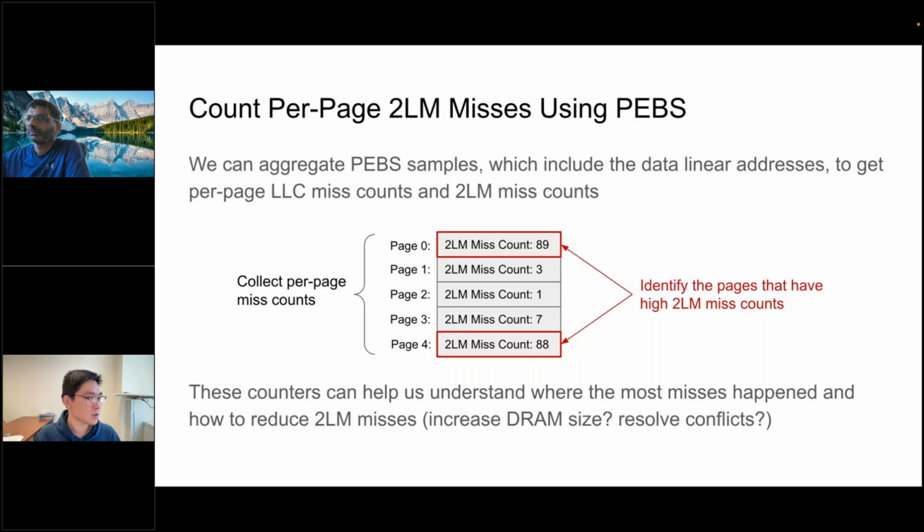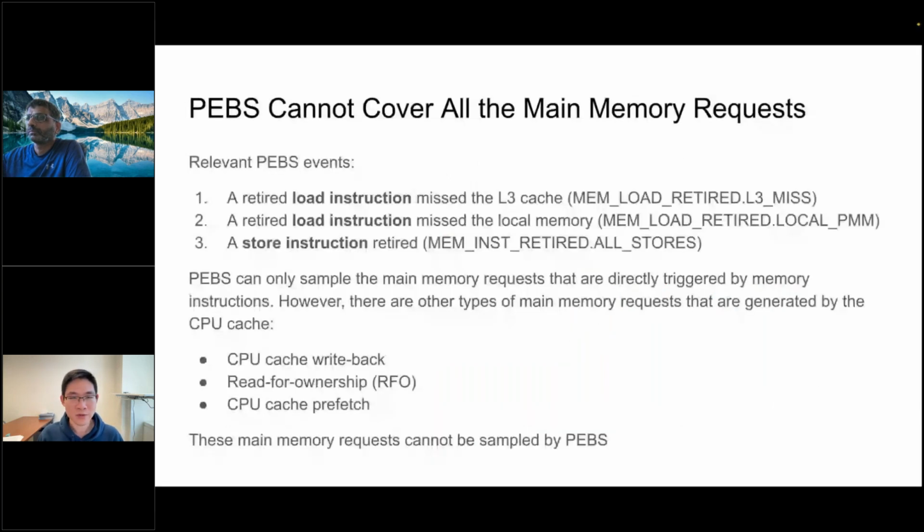So before jumping into the experiment results, I want to point out at a high level the limitation of PAPS we got into at the end. If you look at the PAPS events, all of them are directly related to memory instructions.